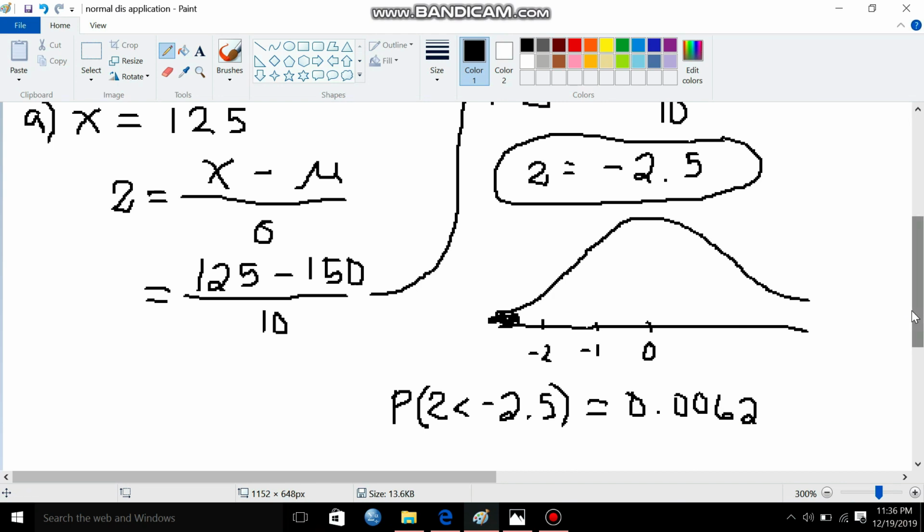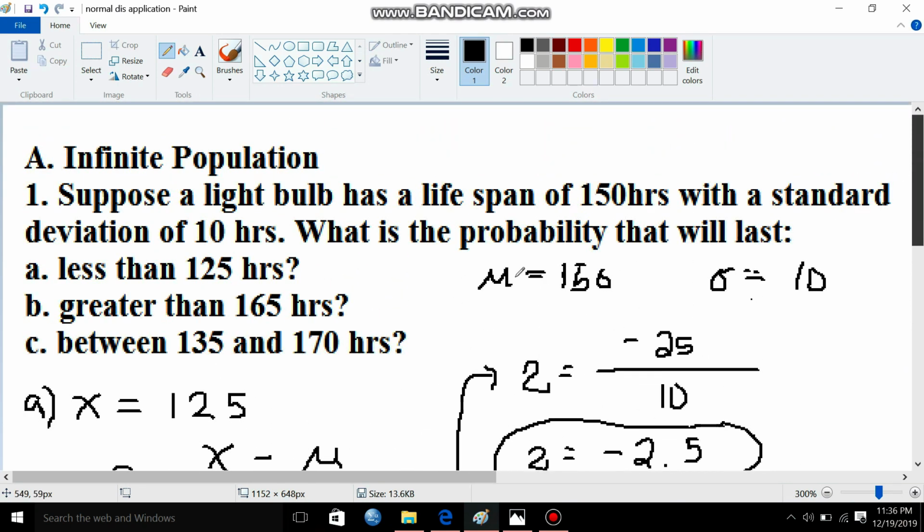Okay, that's how we solve the problem related to less than.